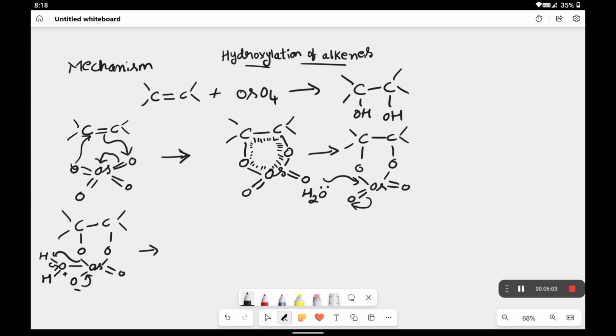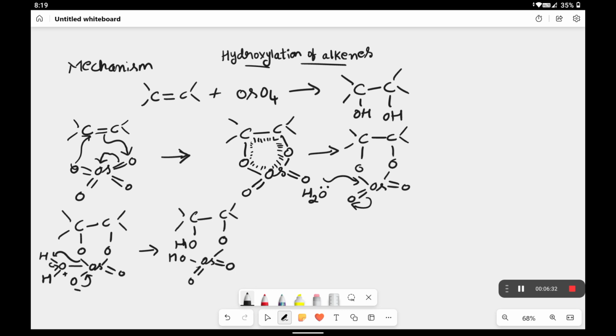The bond that polarized here comes back, and the oxygen picks a proton, which leads to a carbon-OH bond being formed. On this side also.